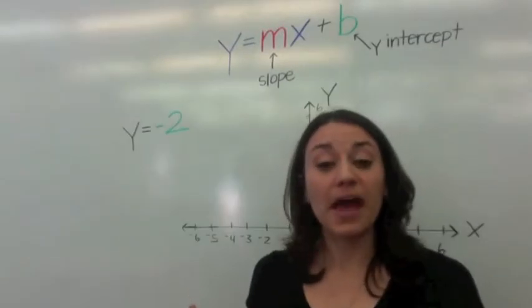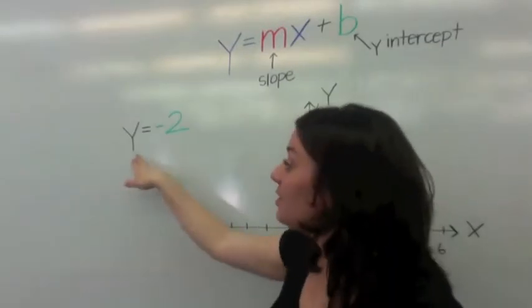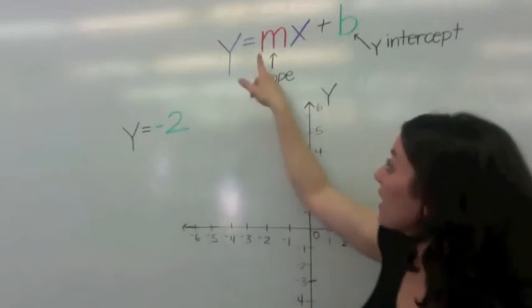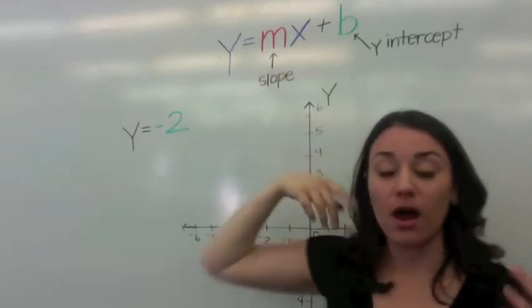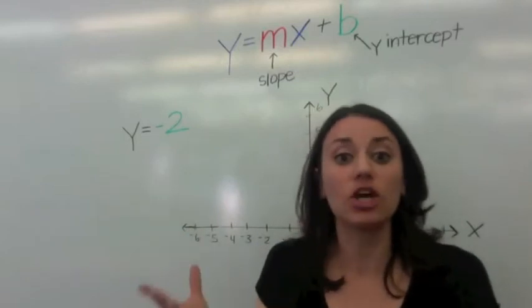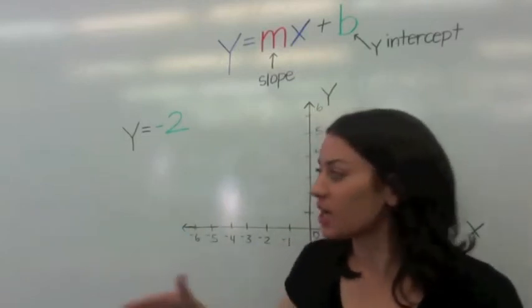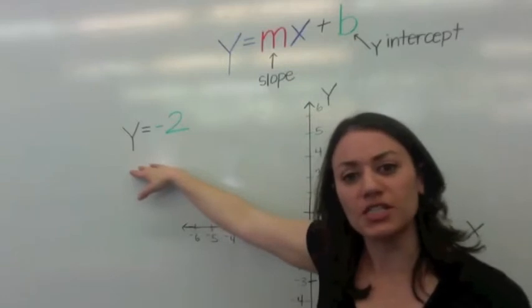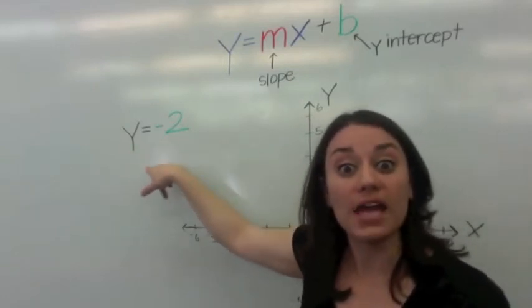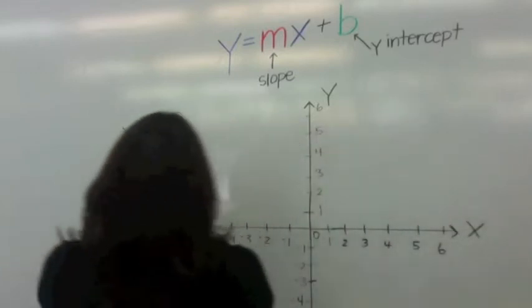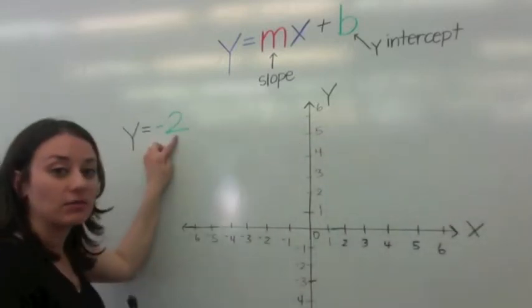Now, what happens when you have an equation that does not match the y equals mx plus b, or your mama's ex-boyfriend equation? It doesn't look like that, right? You're missing some stuff in this equation. What does this equation say? It says y equals negative 2. And if you take a look at the negative 2, what is that?